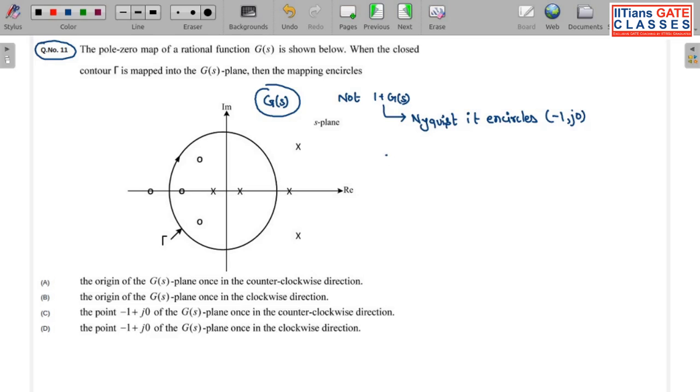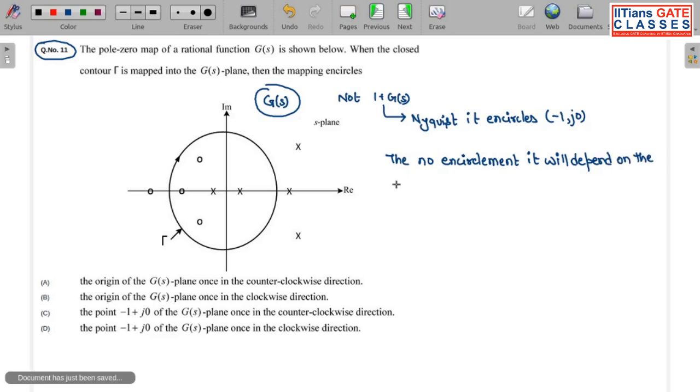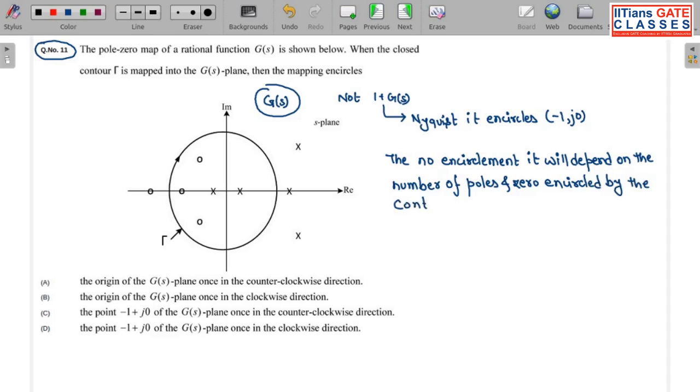Okay, what I said, the number of encirclements will depend on the number of poles and zeros encircled by the contour. So in G(s), this encirclement will be of which point? It will be of the origin.